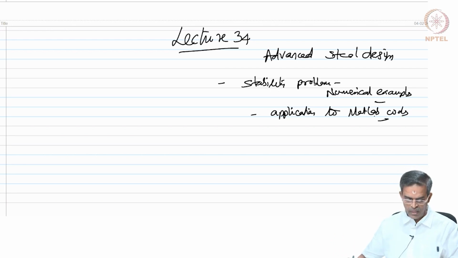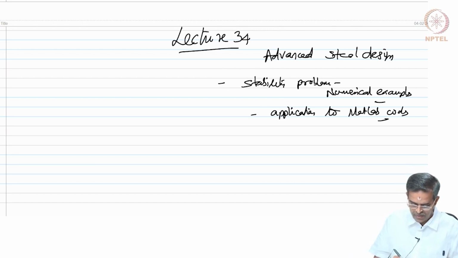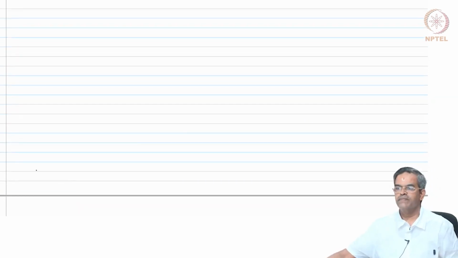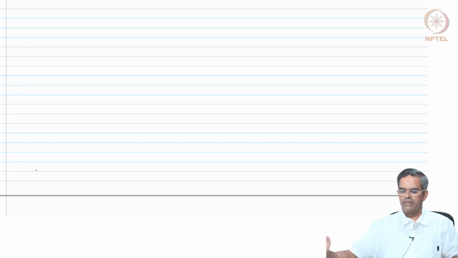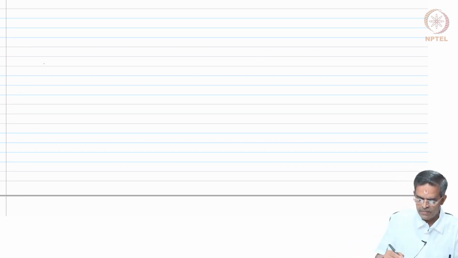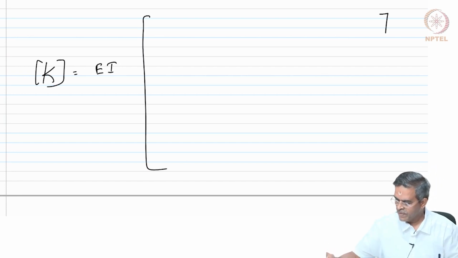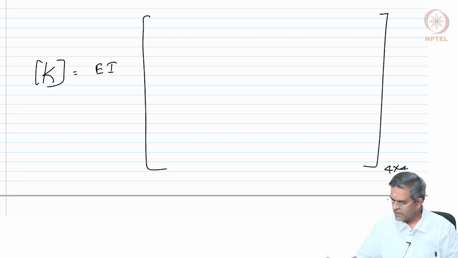Okay. Before that, let us revise quickly that the stiffness matrix of the member is given by the basic equation, which we should remember, similar to that of a beam, which is a 4 by 4 matrix.